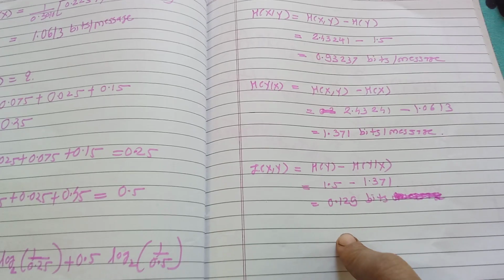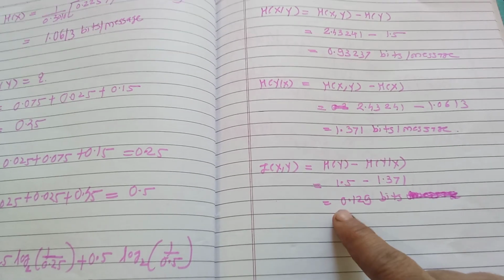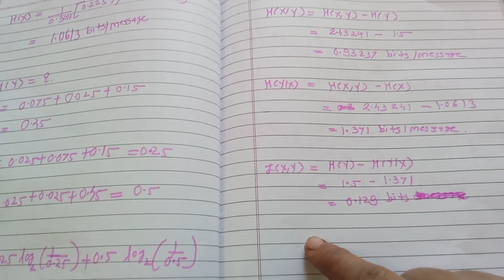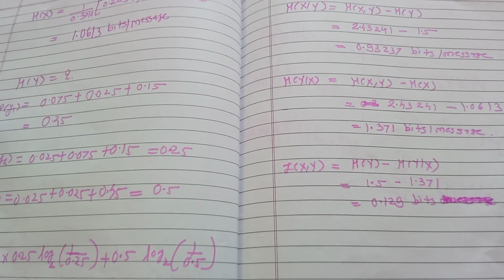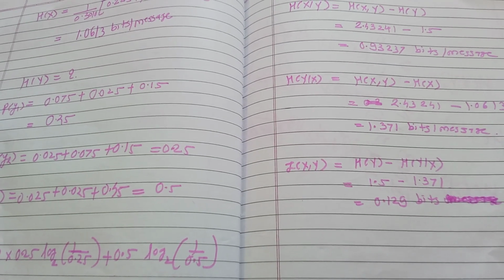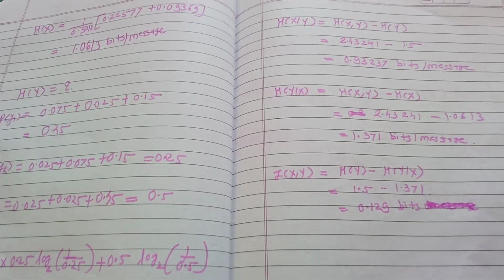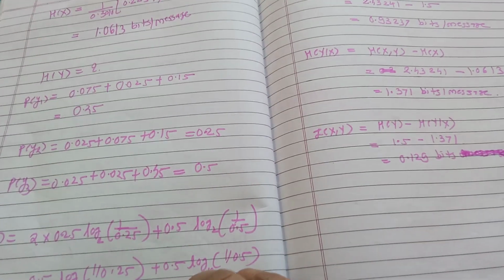So I will attach the PDF of this problem in the description box. You can take this because I feel PDF is required because there are calculations. For that you need the notes of this formula or copy of this problem.